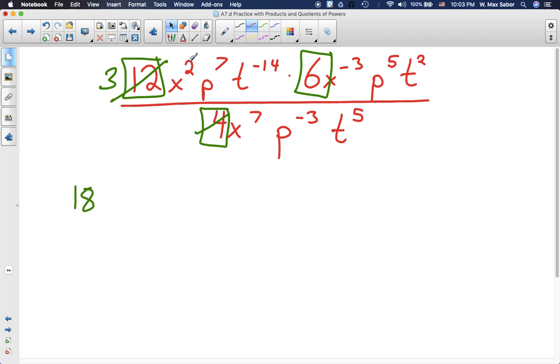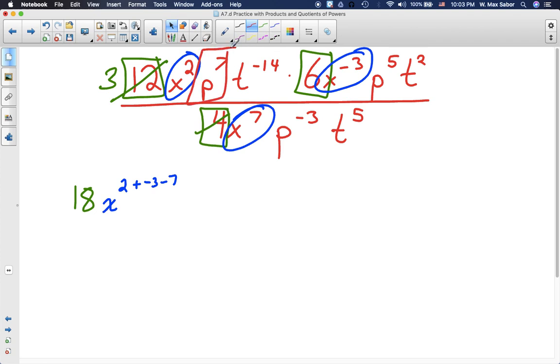Next piece, let's look at the x's. So x squared, x to the negative third, x to the seventh. Let me write this out. We're doing 2 plus negative 3, and then because this is in the denominator, we're subtracting the 7. For the p's, we have 7th, we have the 5th, and the negative third.